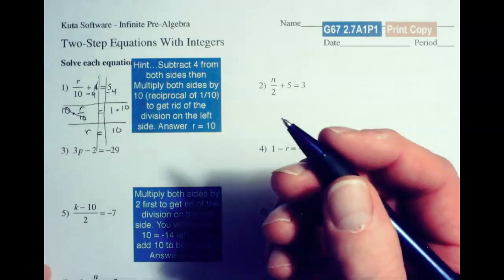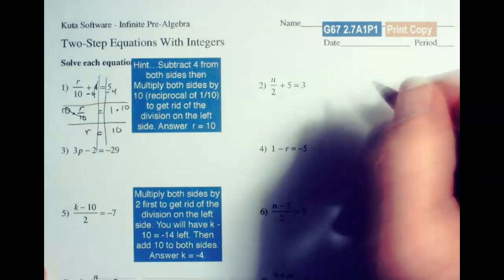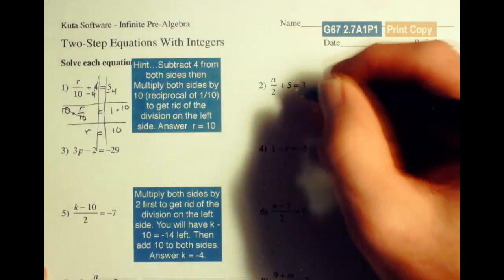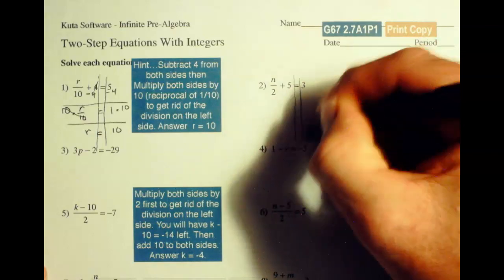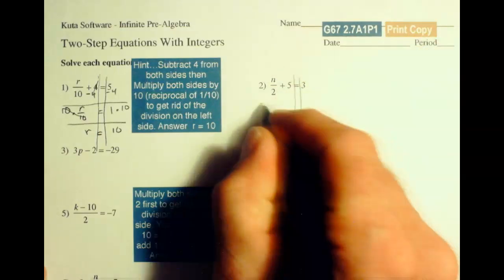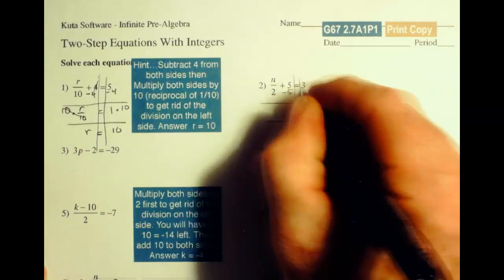So I proved it. I got my answer right. All right, let's try this one over here. So we have n divided by 2 plus 5 equals 3. So let me just set my problem up. My railroad tracks. All right, so I'm going to subtract 5 from both sides.